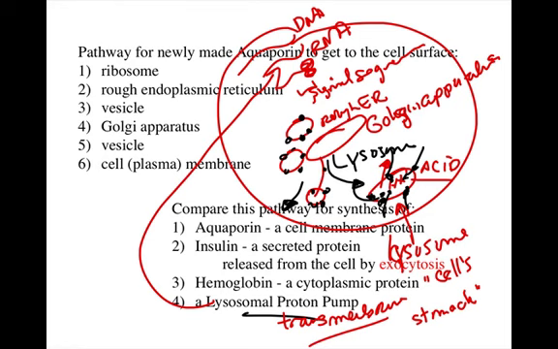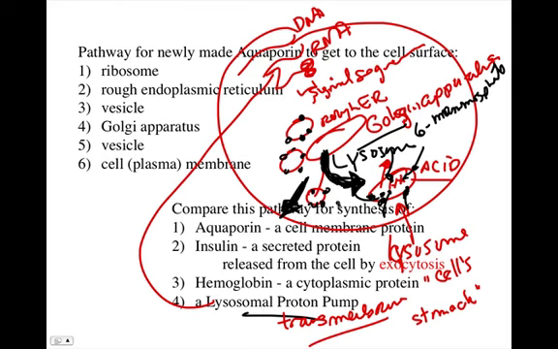So after the Golgi, there is an option. And lysosomal proton pump proteins get modified in the Golgi by having a sugar put on that includes a 6-mannose phosphate molecule. Proteins that have that 6-mannose phosphate, that is used as a tag to tell them to be delivered to the lysosome, like that.